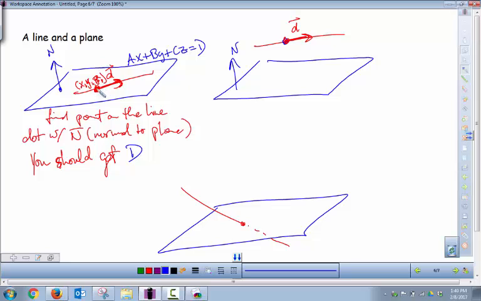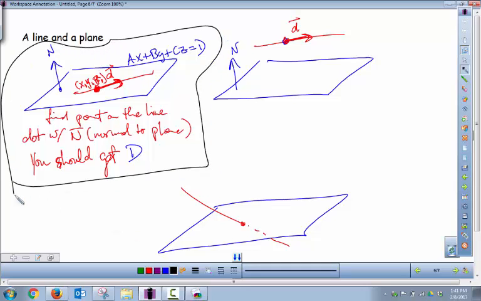Because this point is on the plane, and whenever you dot the normal with any point on the plane, you should get d. So if this happens, you don't even have to dot the normal with the direction. You just consider the point. So if this happens, then the line is on the plane.